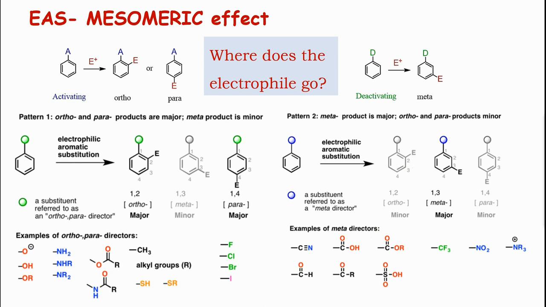Since ortho and para have less, the electrophile goes to meta, whereas here ortho and para have more. Okay, but in neither of the cases is the meta position rich in electrons compared to benzene. We did not say that it is rich compared to benzene here; that is different.